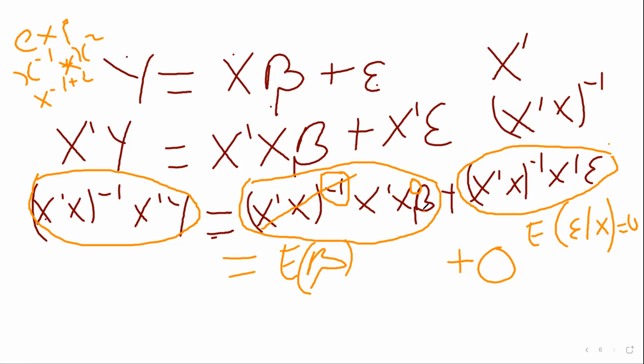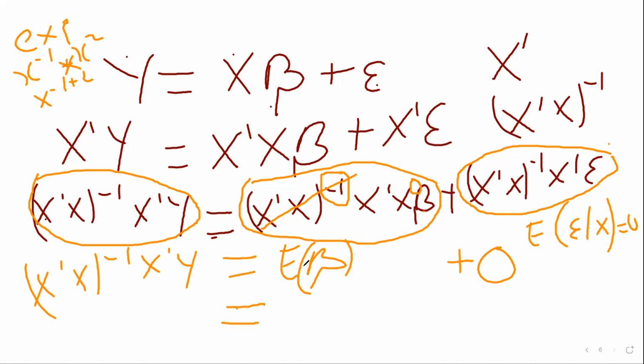And then on the left-hand side, you have the same thing, which is x prime x to the power -1 x prime y. So we are concluding, what is the expected value of beta? Well, one of the assumptions of regression is something we call unbiasedness. The beta cap is an unbiased version of the true beta.